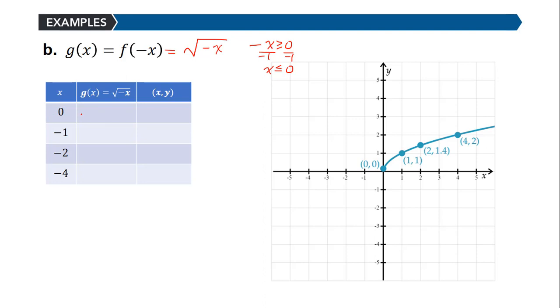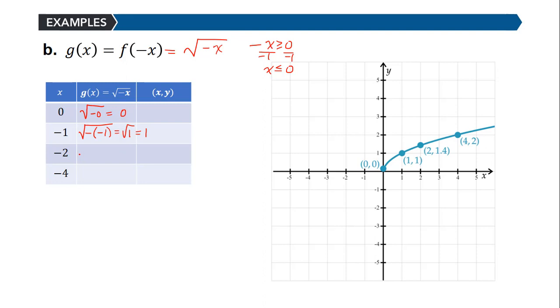So g of 0 would be the square root of the opposite of 0, which is just the square root of 0 or 0. When we plug in negative 1, we would have the square root of the opposite from the function, and then the number we're plugging in is a negative 1. So this becomes really the square root of 1 or 1.